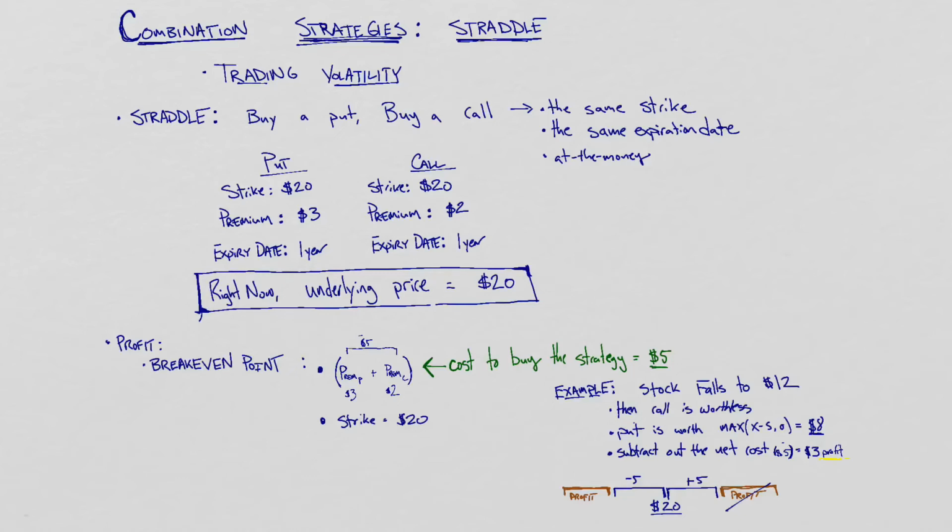And so with a straddle, you really don't care about whether the stock rises or falls. What you care about is that it rises or falls enough to offset the net cost of both of these premiums. And as long as it rises or falls by that amount, then your net profit for this strategy, these two options combined, will be profitable.